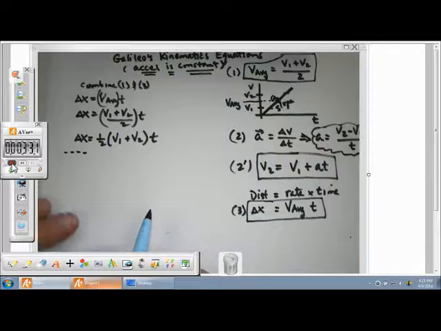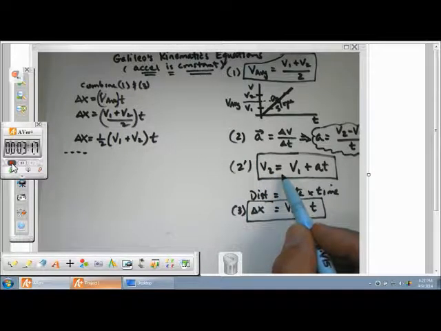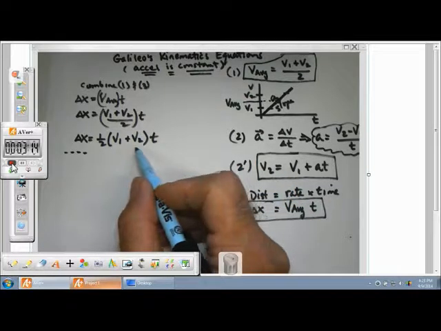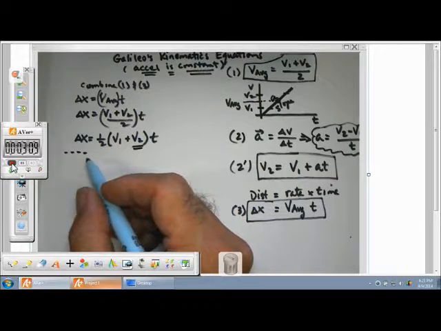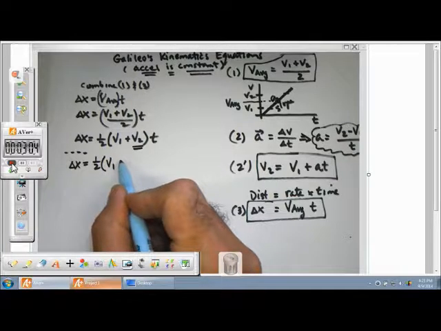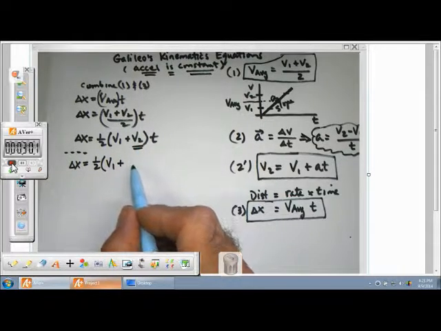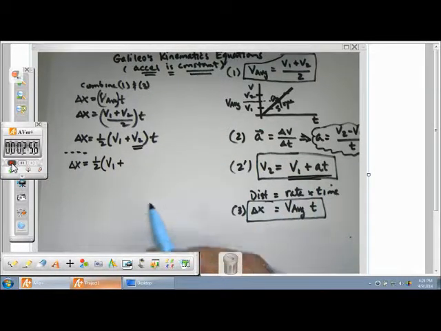Now all we have to do is see if we can combine, for example, this equation here, v2 equals v1 plus at, and substitute that in for v2 right here, and see what we get. So instead of putting the letters v2 here, I will substitute in this v1 plus at.